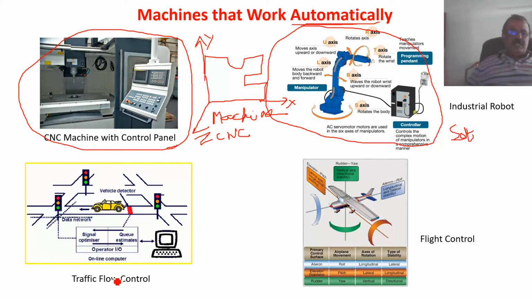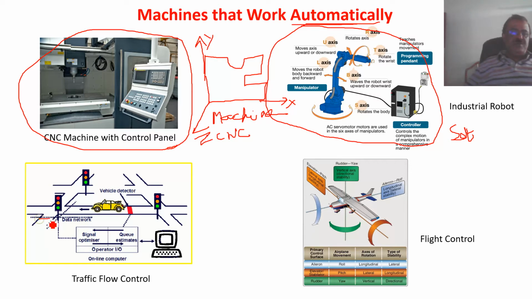Another very interesting example that you face day to day is traffic flow control. You know that there are three lamps: green lamp, which allows the traffic to flow; yellow, which tells the traffic to be ready; and red, where traffic has to be stopped.